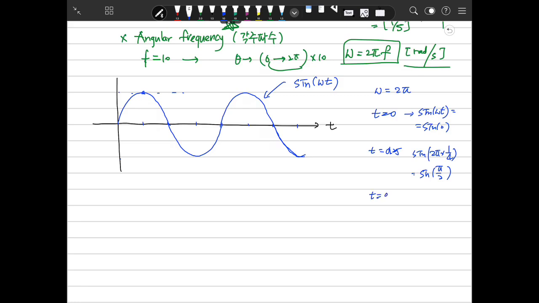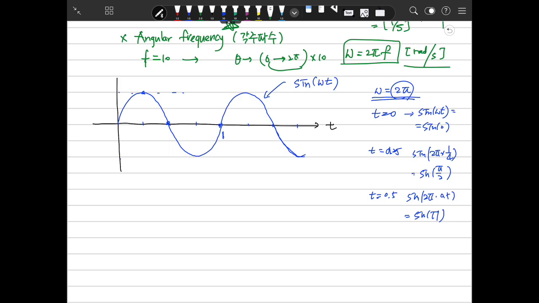And t equals 0.5 means sine 2 pi times 0.5, which is sine pi, which is here. So when omega is 2 pi, when t is 1 second, the point will be here. Anyway, it's not important here.